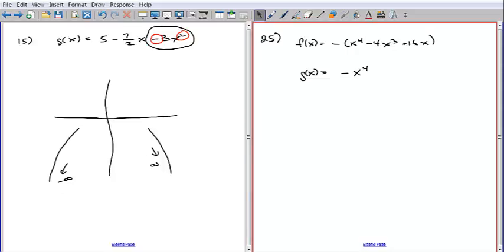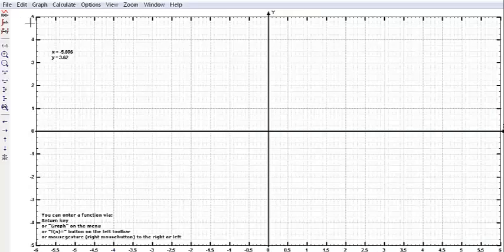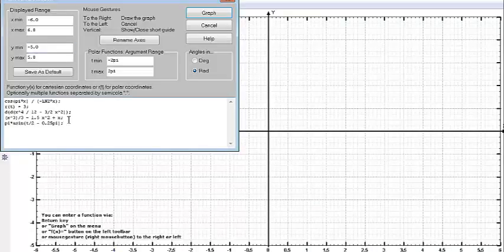So what I'm going to do is I'm going to go to my graphing program. I'm going to enter both of those functions. So I've got negative quantity x to the fourth minus 4x cubed plus 16x. And the second one is just negative x to the fourth.